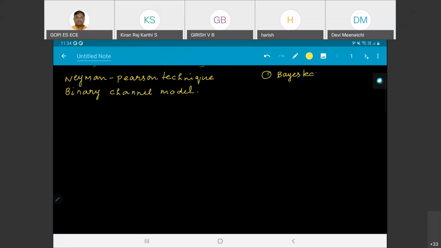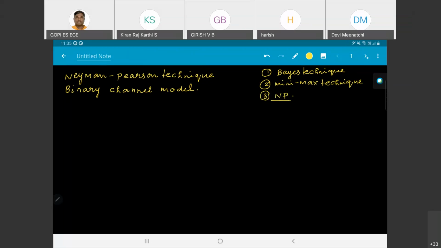That is the best choice for detection, which is followed by the Minimax technique. When the prior probability is not known, then we go for this Minimax technique. The third choice is the Neyman Pearson technique. That is what we are going to do.